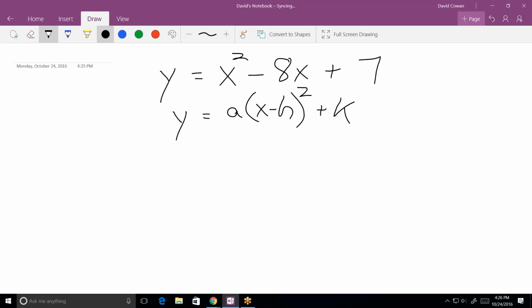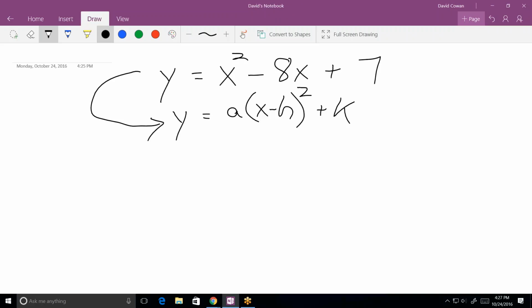There are actually 3 forms for quadratics, but the vertex form is the key one because it immediately tells you the vertex, h and k. And with every parabola, the most important point on that parabola is the vertex. So we're always wanting to know where the vertex is. So now our job is to get that into that form.